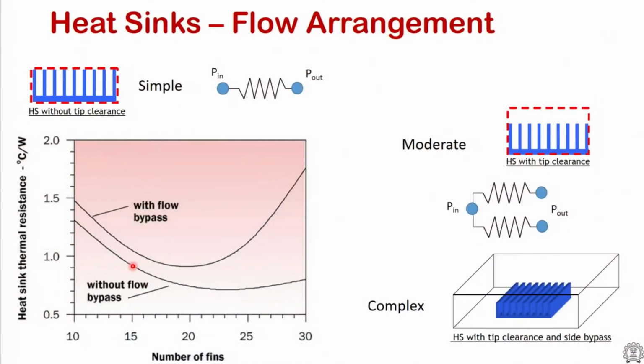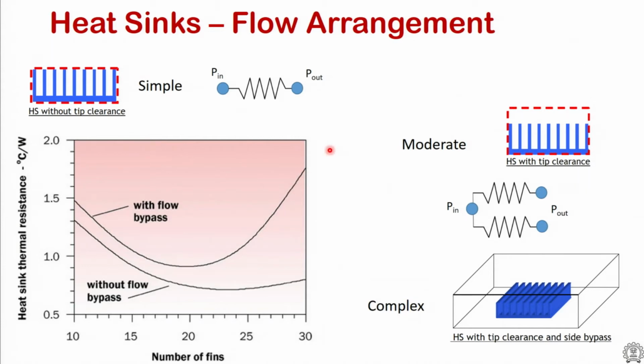As we go from left to right, the mass flow rate keeps reducing. But a point is reached where, if you add more than that number of fins, the mass flow rate is so small that even though the fins can deliver more power to the airstream, the airstream cannot pick it up. The heat carrying capacity of the airstream is reduced, or it's choked. So that causes the thermal resistance to rise again, and that is the case for both these situations.